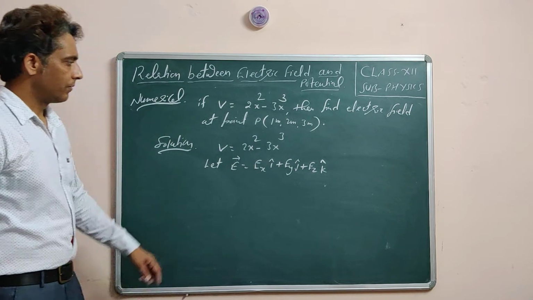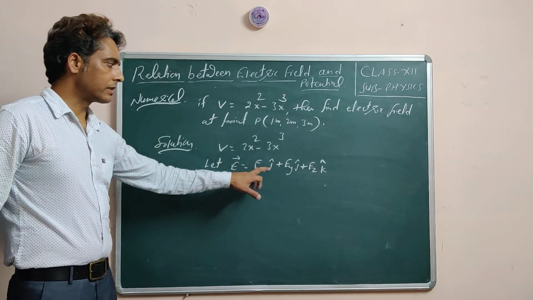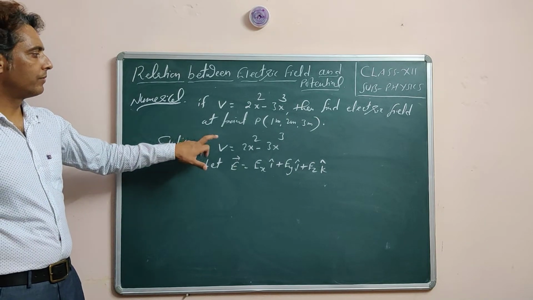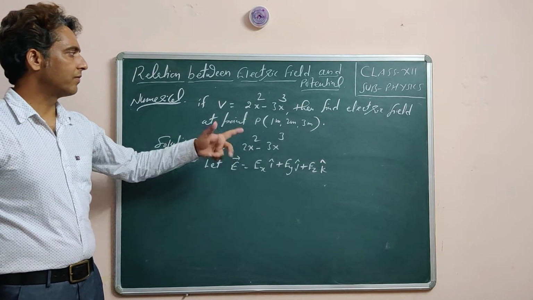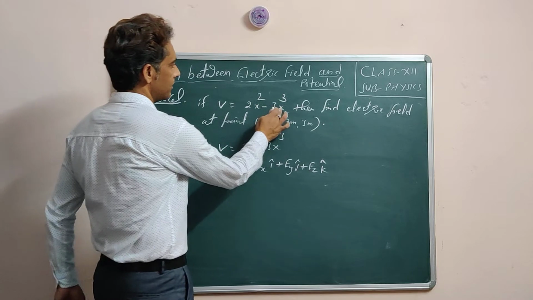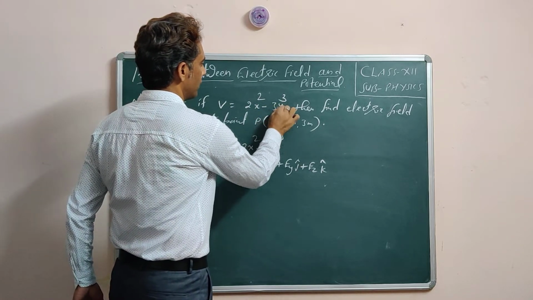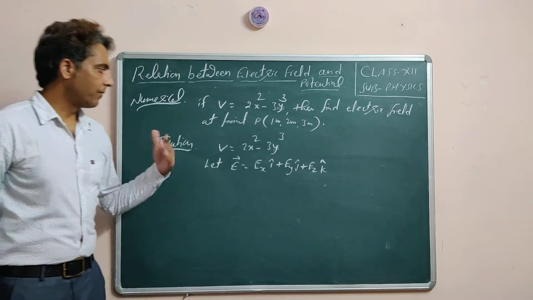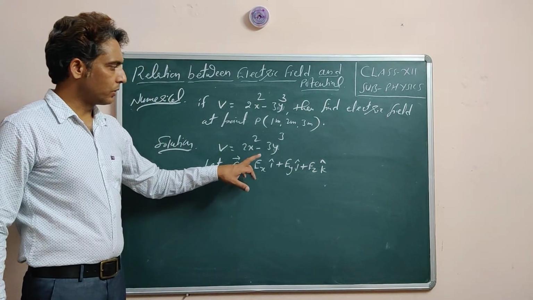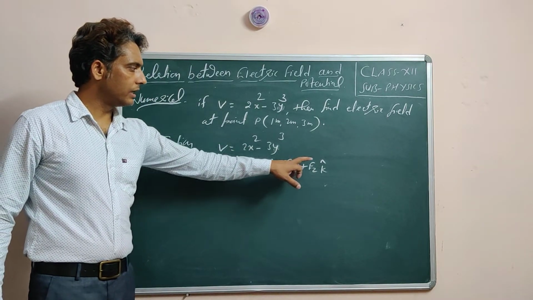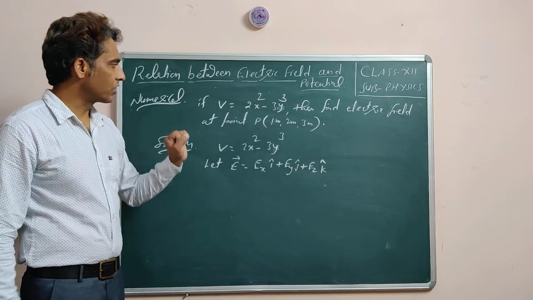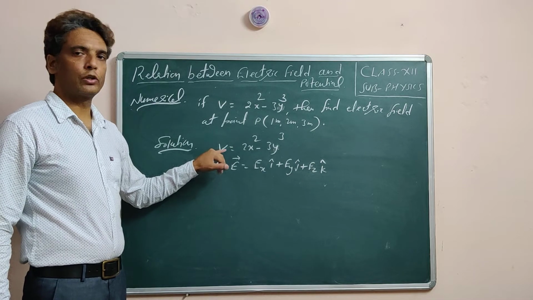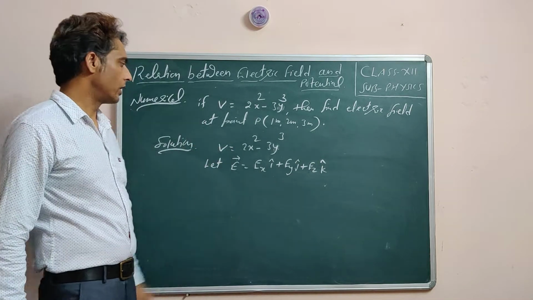We already know we can find these components Ex, Ey and Ez by taking partial derivative of this V with respect to X, Y and Z respectively.